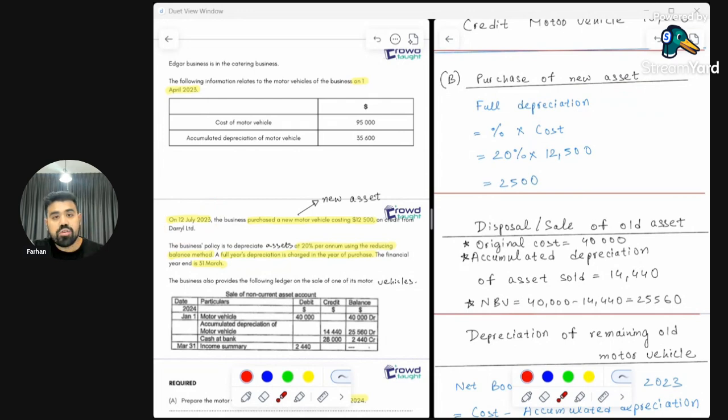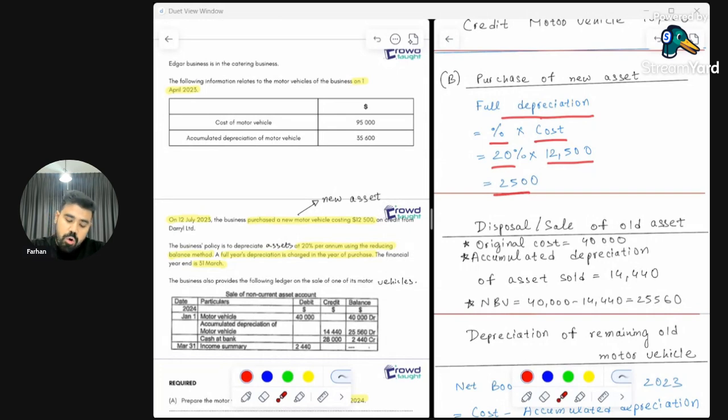And we know based on the company's policy, a full depreciation is applied in the year of purchase, right? So a full depreciation is applied here, which is multiplying the given percentage with the original cost. So 20% is the depreciation rate, and the original cost is $12,500, which gives us a full depreciation of $2,500 for the purchase of the new asset.